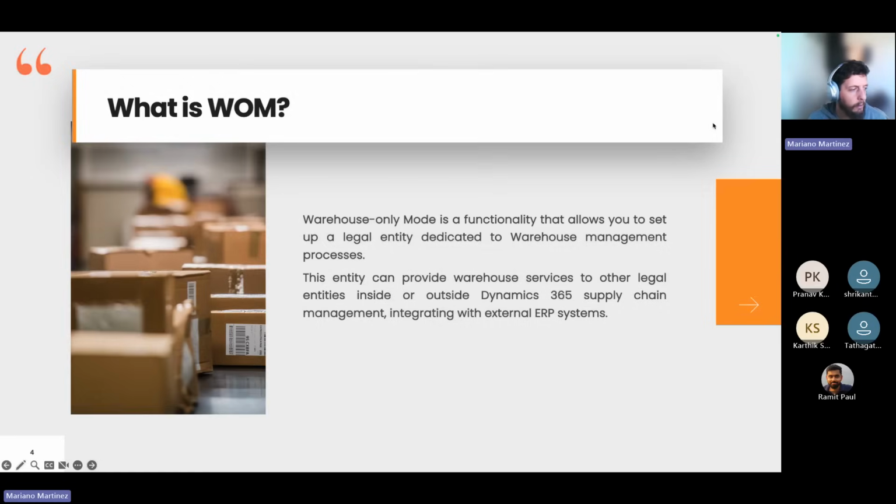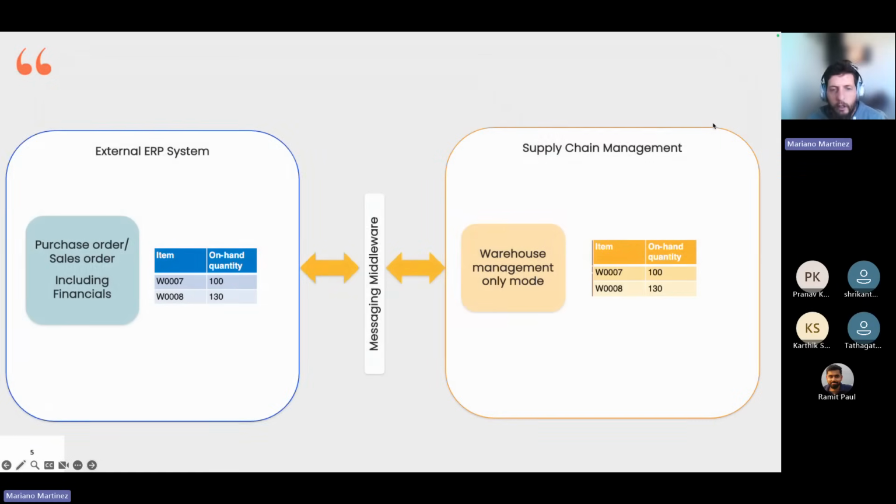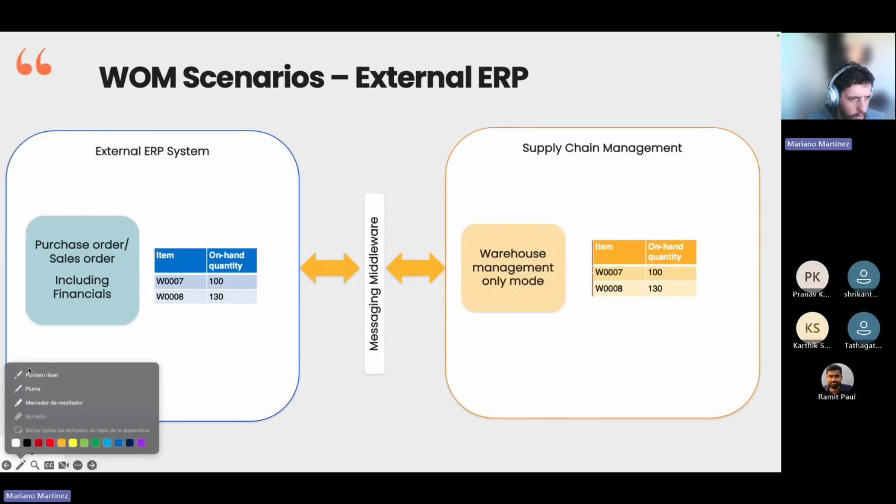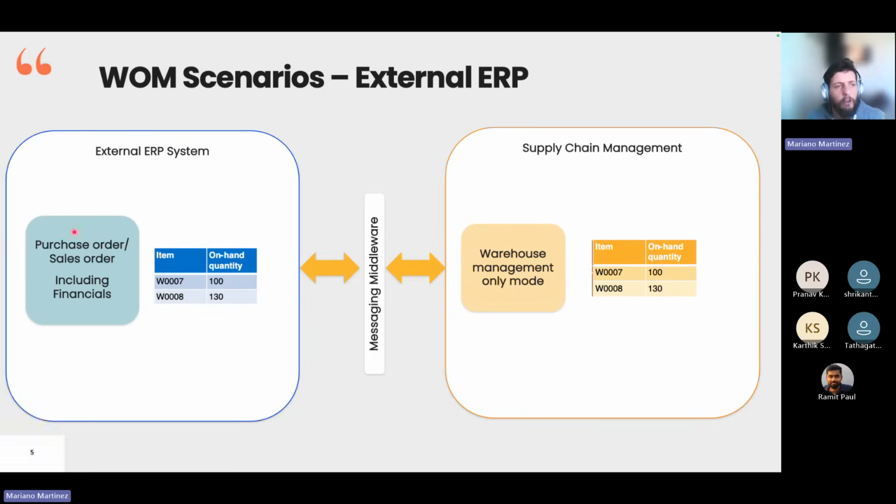So working with scenarios, this is the simplest scenario that the warehouse management only mode had, because you could integrate your purchase or sales orders to supply chain management. I don't have a pointer here. So you could integrate from one system to another.